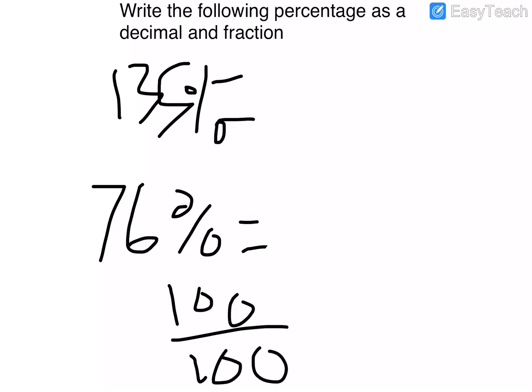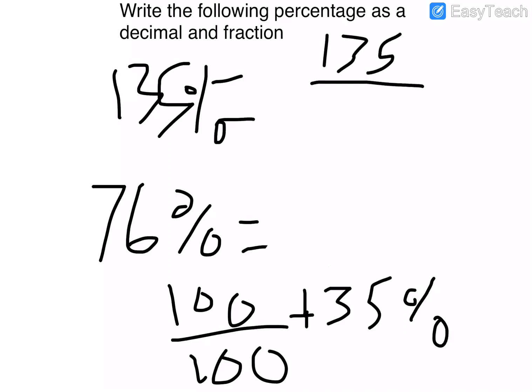So you just add 35%, which equals 135 over 100. Some people could turn it into a mixed fraction, but that's only if the question's asking you to simplify it. If the question doesn't ask you to simplify it, then you don't have to do it.